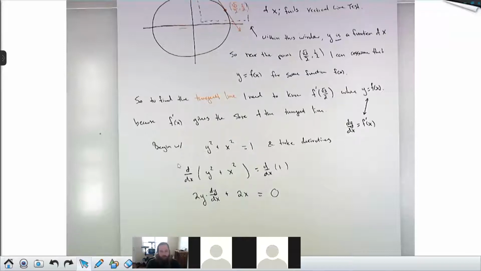So implicit differentiation, which is this process, just says differentiate all the x stuff like normal, but when you run into a y thing, differentiate it like normal, but then multiply by dy dx, or multiply by y primed. This gives me a relationship between x, y, and dy dx, which I can then solve for dy dx.